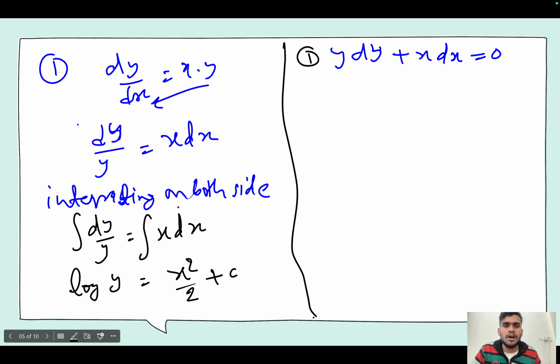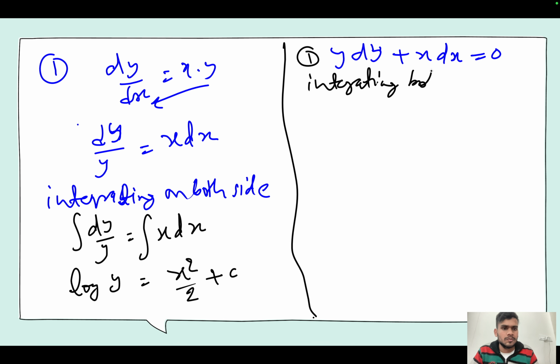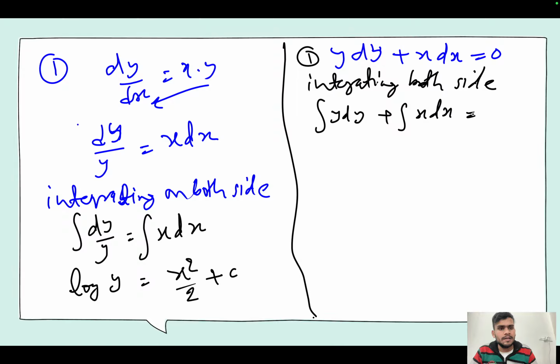So now integrating both sides, it becomes the integration of y dy plus the integration of x dx equal to 0.